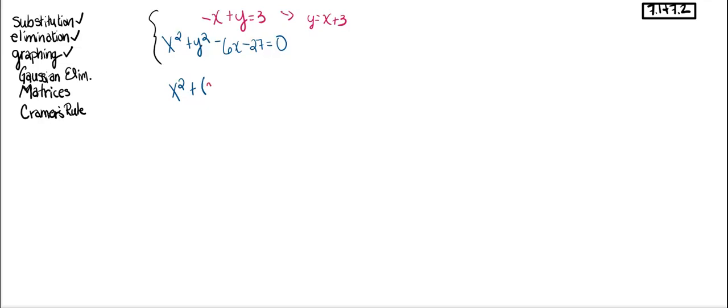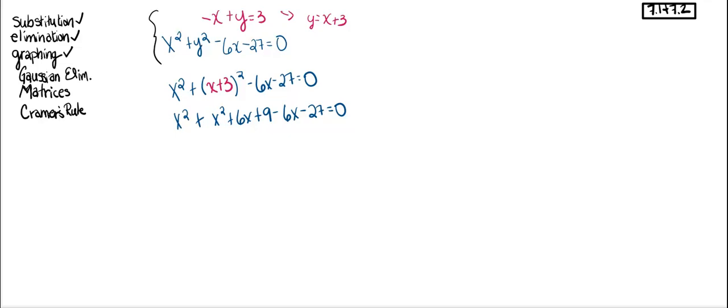Squared minus 6x minus 27 equals 0. I'm going to go ahead and square this, so when I square x plus 3, I get x squared plus 6x plus 9 minus 6x minus 27 equals 0.